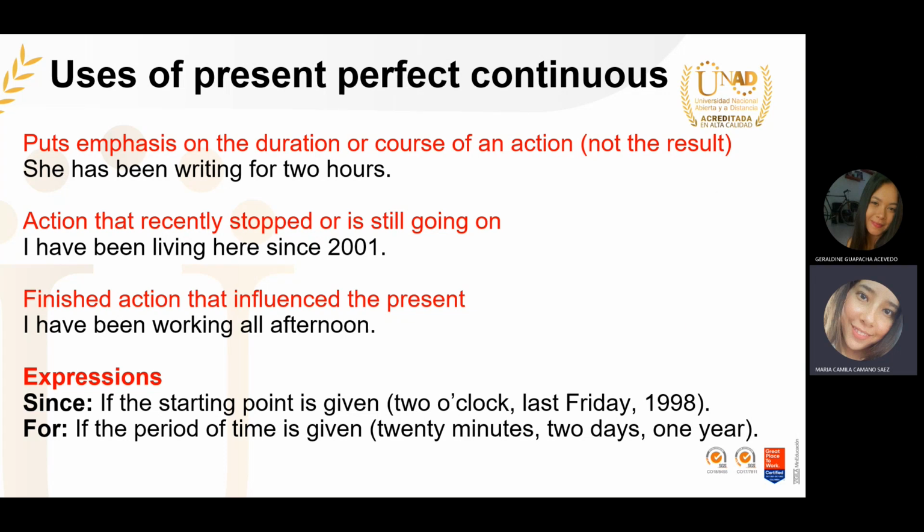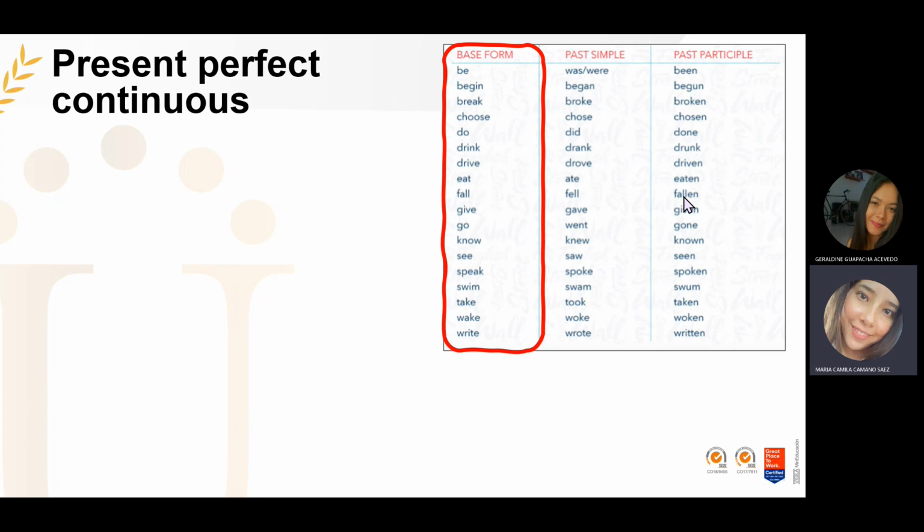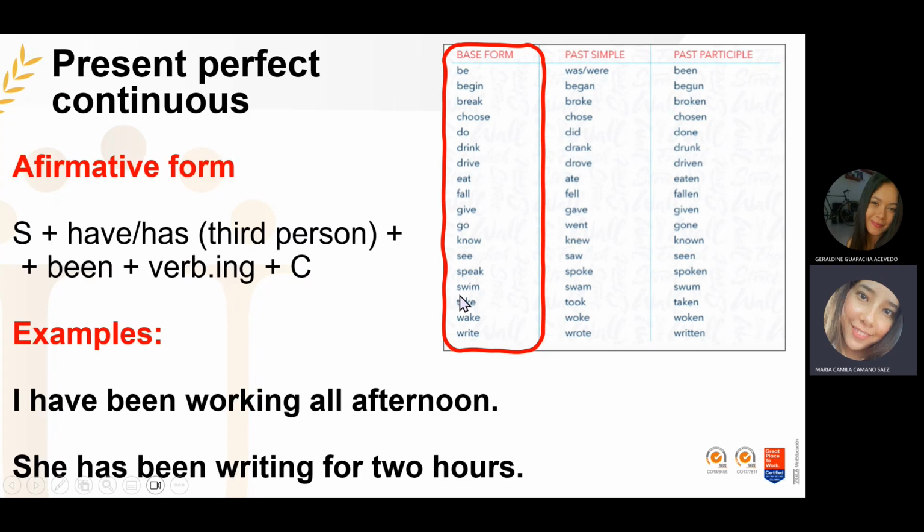Okay, let's continue, because now I'm going to explain the affirmative, negative, and interrogative forms of this tense. As I said before, we use auxiliary verbs; in present perfect tenses we use have or has depending on the subject. To form affirmative sentences, the first thing you write is the subject, then have or has.